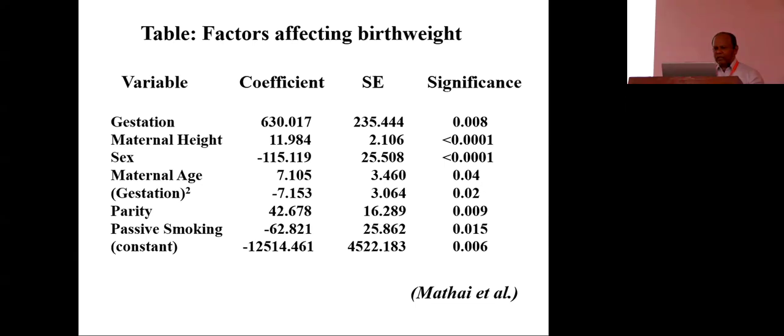I wanted you to look at gestation and gestation square. Are they not the same? Say for now, are they not the same or highly correlated? Say for example, if your gestational age is 25 weeks, 25 weeks square is 625.